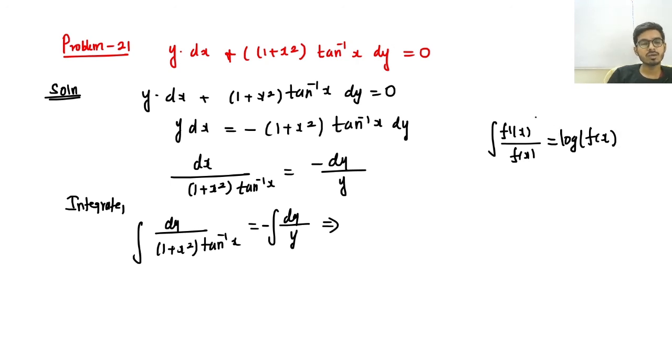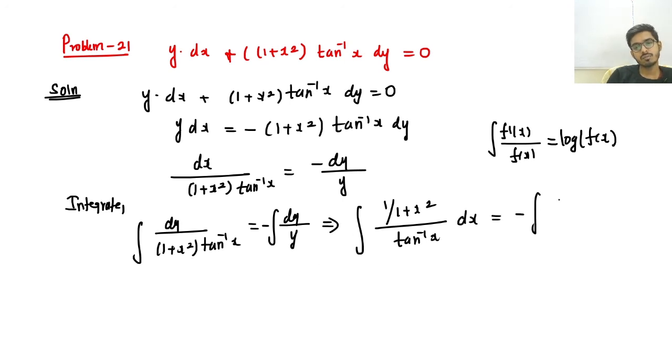Basic formula. So here I'm going to write this as 1 by 1 plus x square divided by tan inverse of x. So integral dx is equal to minus integral dy by y.